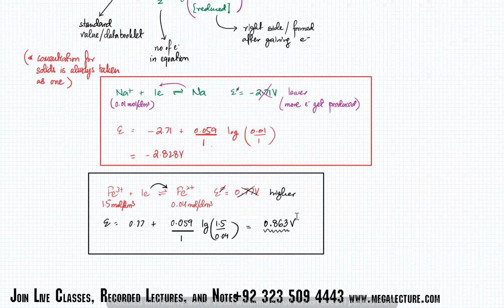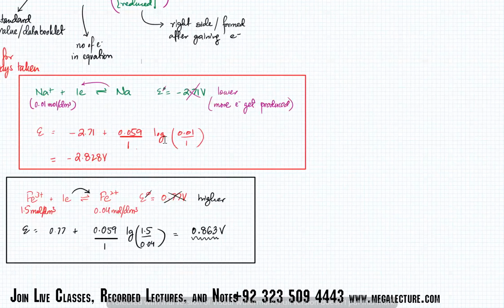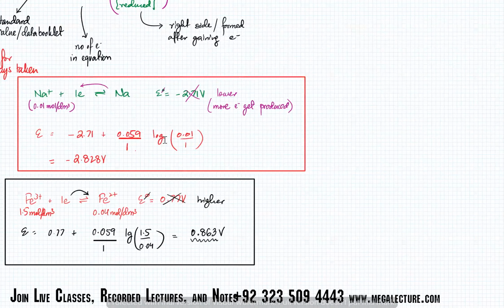The other thing about the Nernst equation is that it could be the other way around as well, which is that you might be given the potential and solve in reverse. Let's do the whole sodium equation in reverse.